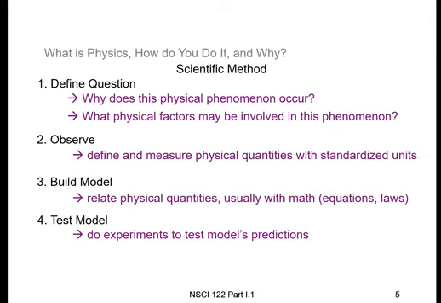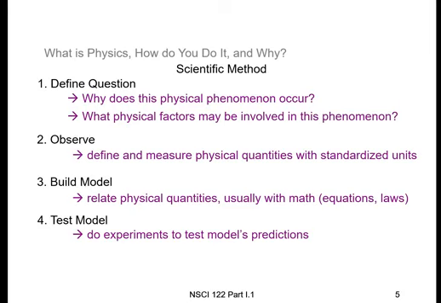And the best way to test is to do experiments. So you do more experiments, controlled experiments, where you see, is the model predicting what I'm seeing in the experiment? So if I have a relationship built, let's say I have some formula built now for how long it takes that rock to hit the ground if it's pushed off of a certain height.